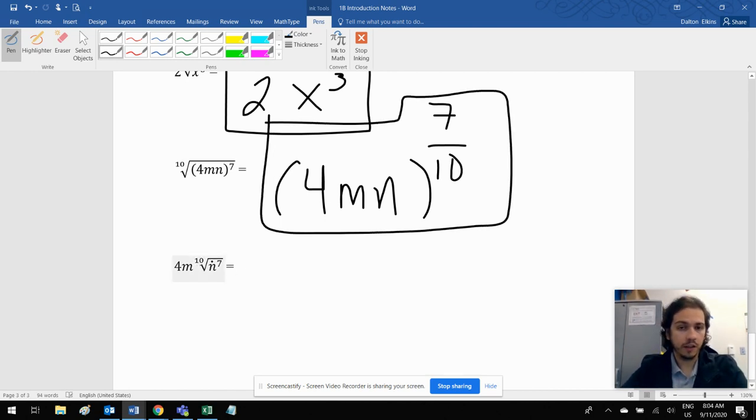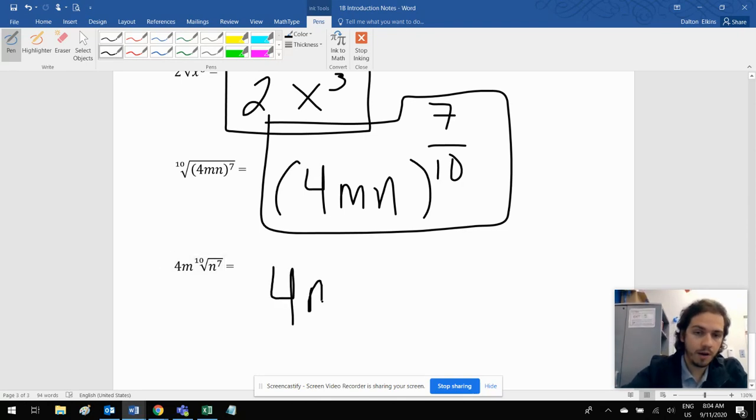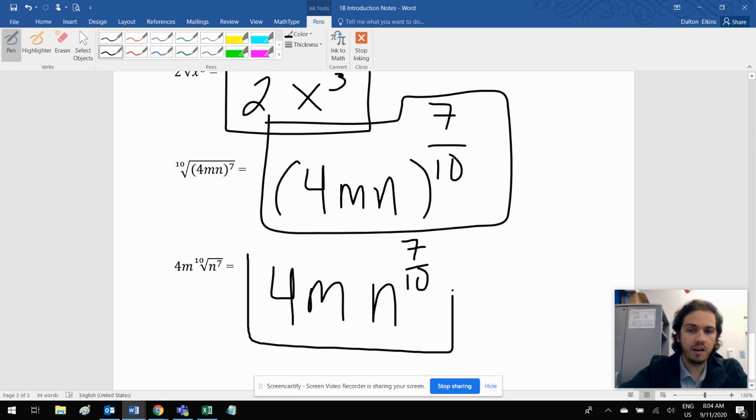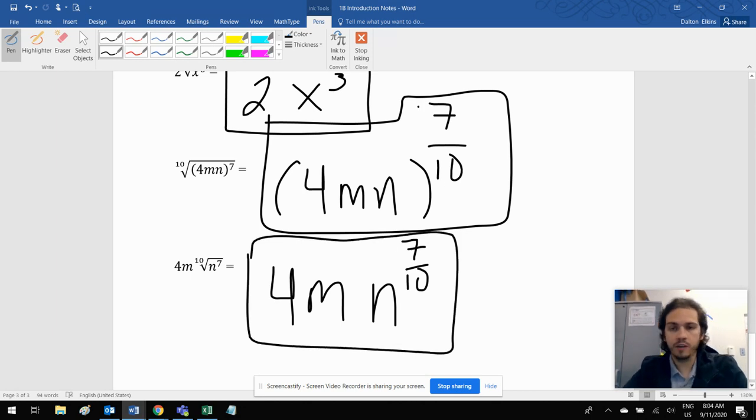Now this is going to look slightly different when we have the 4m on the outside, right? So we got 4m on the outside. That's not the base. The base here is just this n, which I'm then going to raise to the 7 over 10 power. You could see in the third example that I did, the 7 over 10 as an exponent is affecting the 4, the m, and the n.